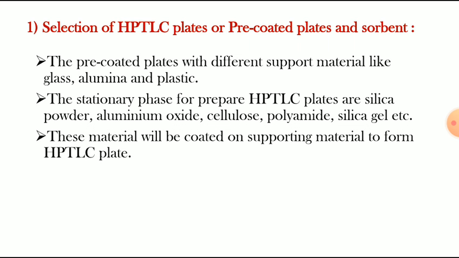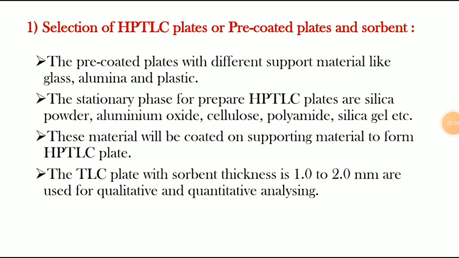These materials will be coated on a supporting material to form the HPTLC plate. That means the above materials, silica powder, aluminum oxide, cellulose, polyamide, silica gel, will be coated on what? On the supporting material to form what? The HPTLC plate.